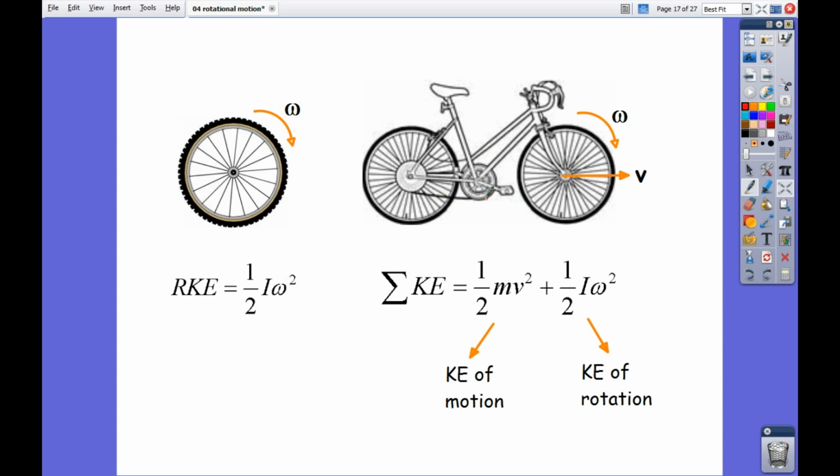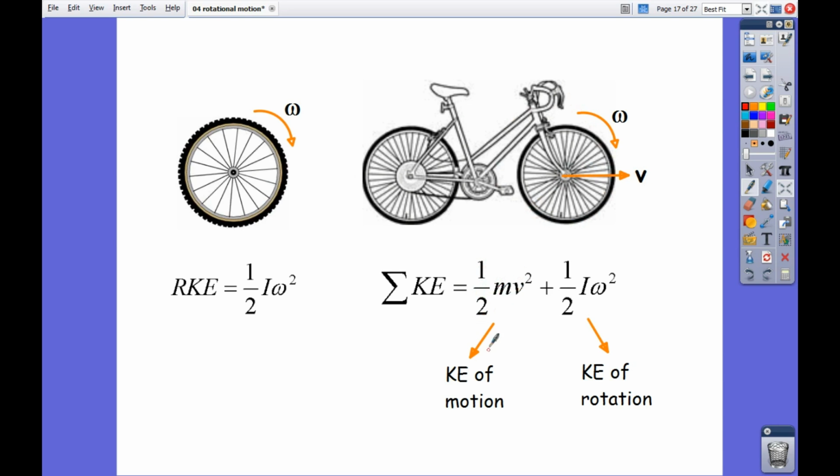But here, this bicycle, while having angular velocity, is also moving in a straight line, so it has linear velocity. So it has rotational kinetic energy and also linear kinetic energy, as presented here.